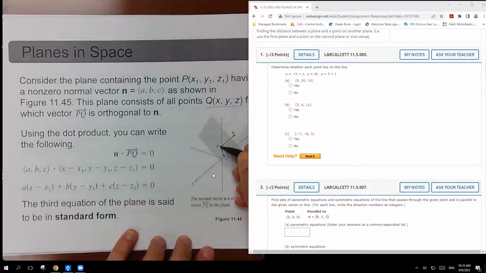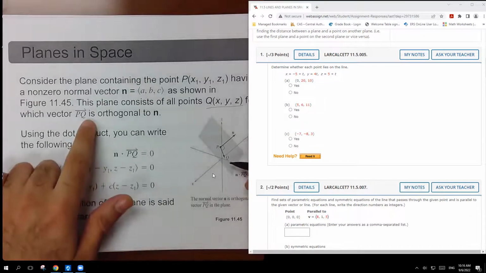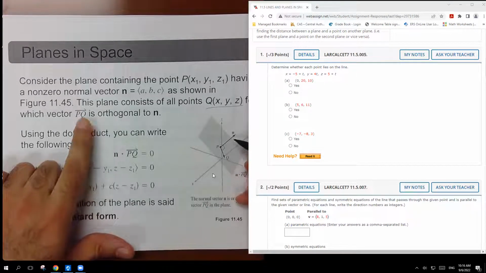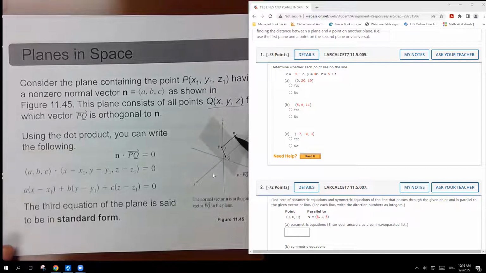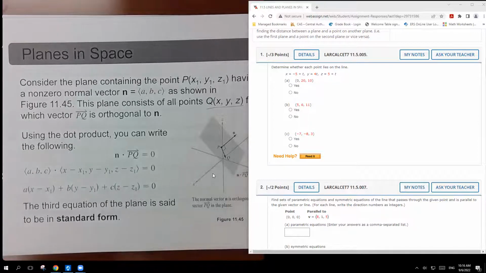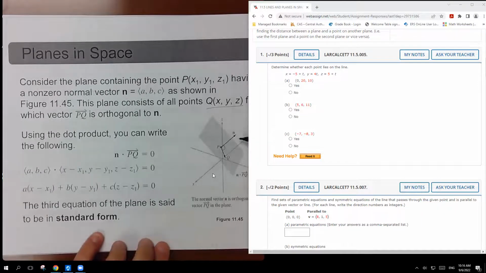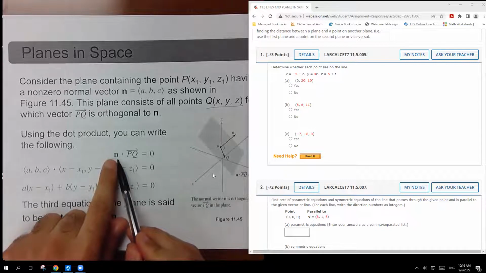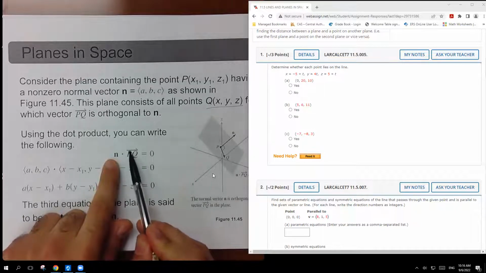The vector PQ, a new vector, is always going to be orthogonal to the vector n. This is really important because n is a normal vector, always orthogonal to the plane. So if you choose any vector within the plane, the normal vector is going to be orthogonal to this new vector.